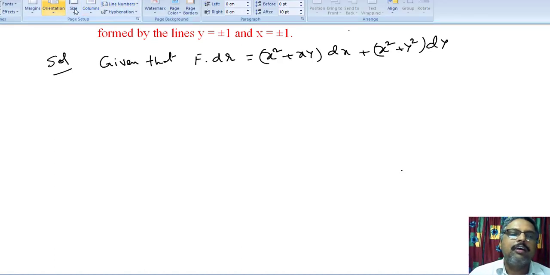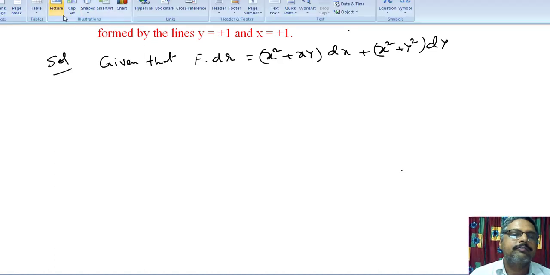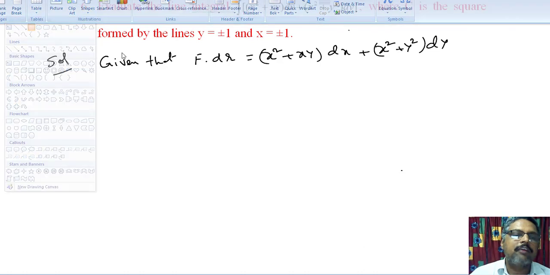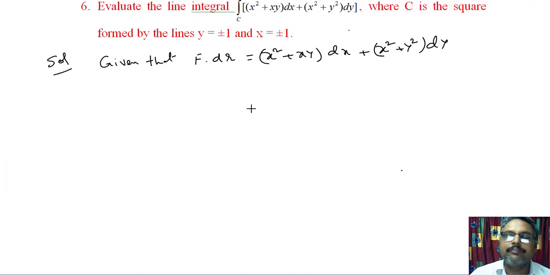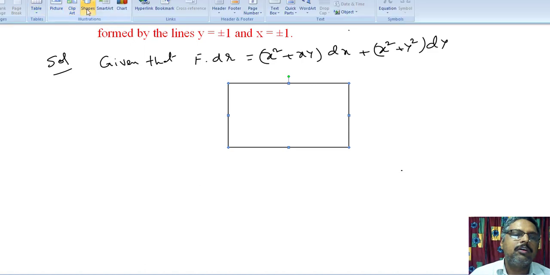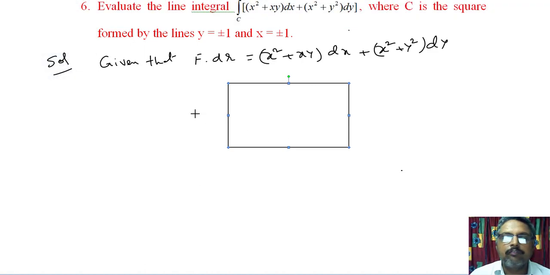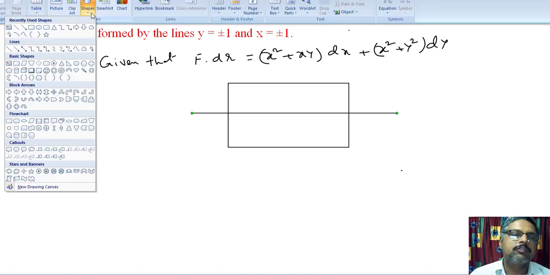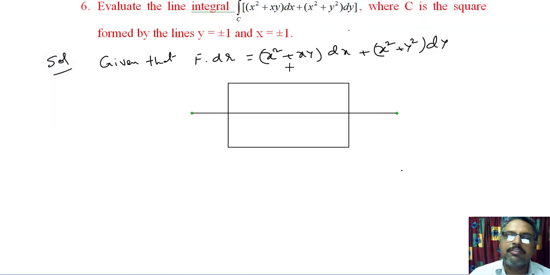I will take a square diagram and show you with straight lines. This is the x-axis and this is the y-axis.